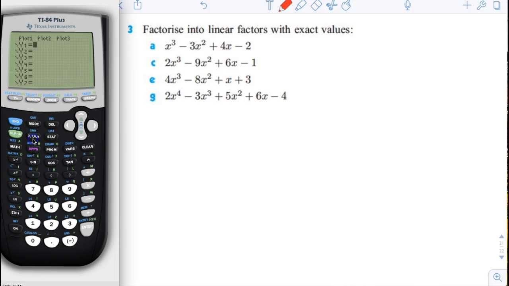First we're going to input the polynomial x cubed minus 3x squared plus 4x minus 2, graph.